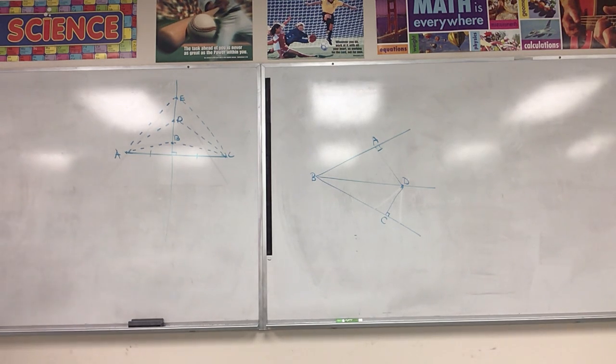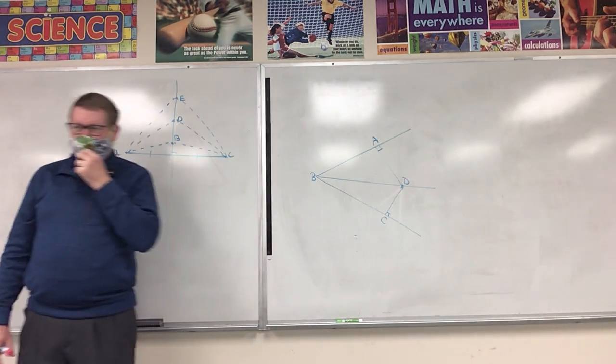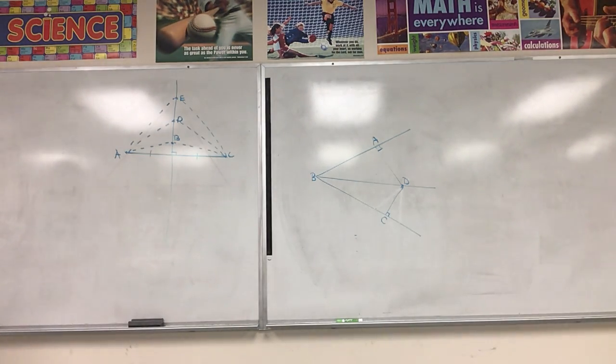So we talked about mid-segments, perpendicular bisectors, angle bisectors. And then 5.3, bisectors and triangles.